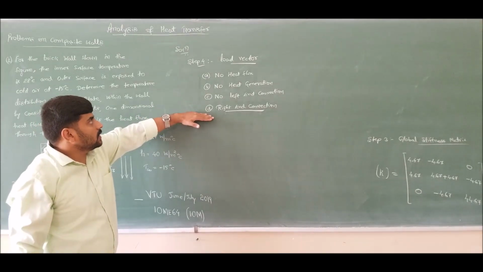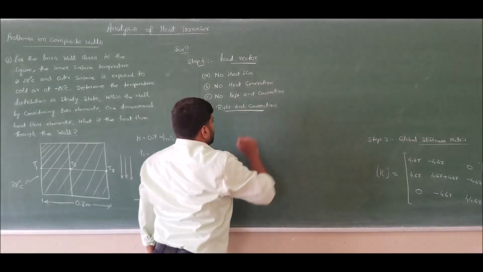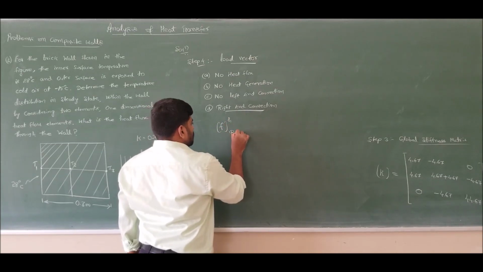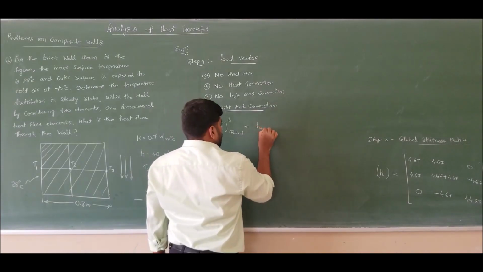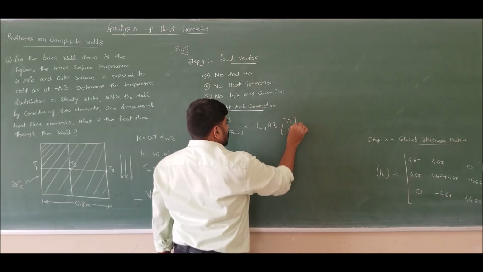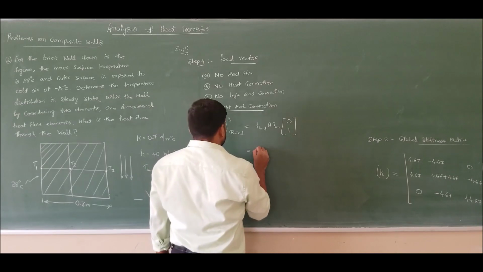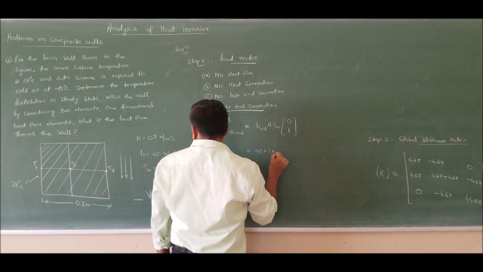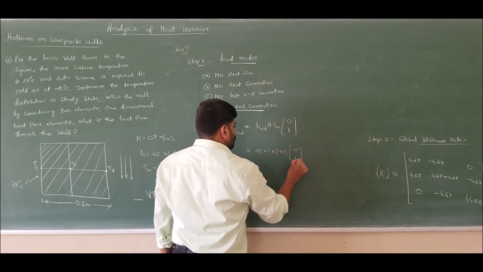So calculate the load vector due to right end convection. The formula for right end convection is given by h at right end equals h times area times T infinity times 0 1. If I substitute the values and simplify, h is known to us, which is 40, times the area, which is unity, and T infinity is minus 15, times 0 1.